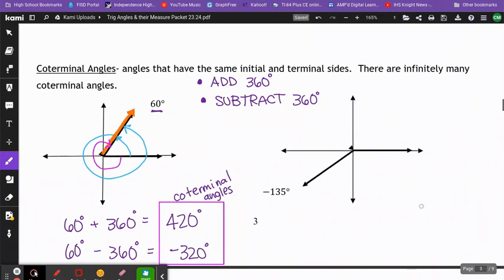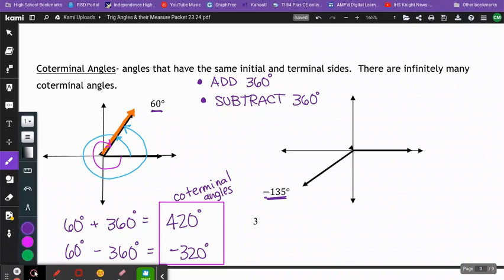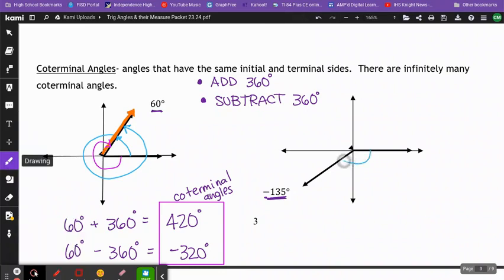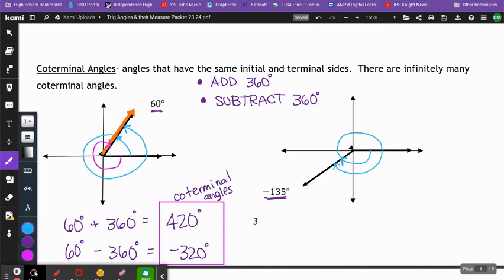So looking at this next example, I've got negative 135 degrees, negative 135. So I would start here and go in the negative direction to get to negative 135. Then I could add another whole rotation, add a whole circle to it, and get another angle that lands at that same side.